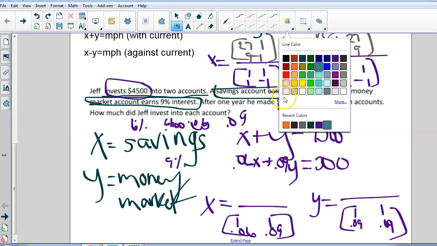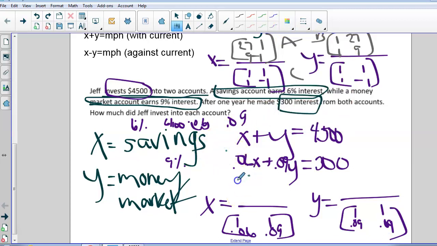And then from here, we can go ahead and do the numerator, so that's 4,500 with 300 and 1 with 0.09. And then our Y's are going to be 1 with 0.06, and this should be a 6, not a 9, and 4,500 with 300.